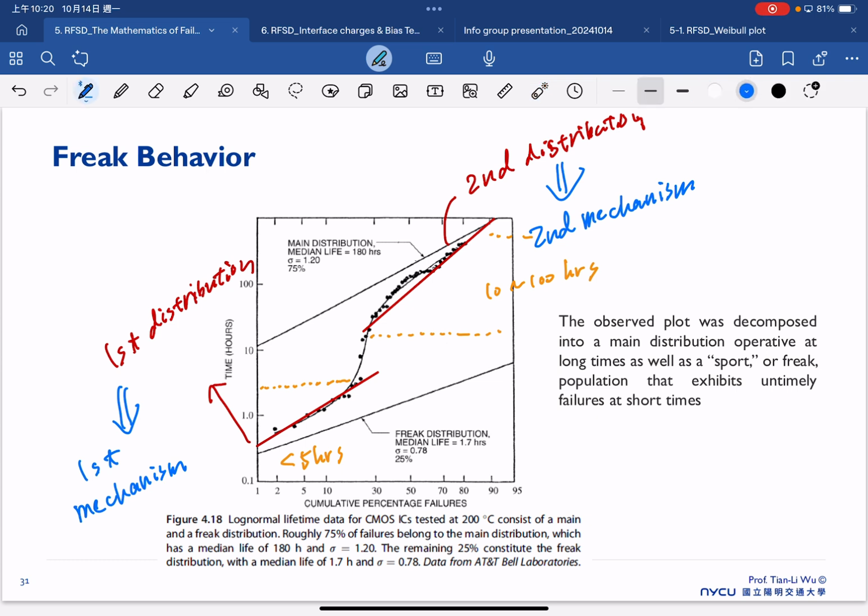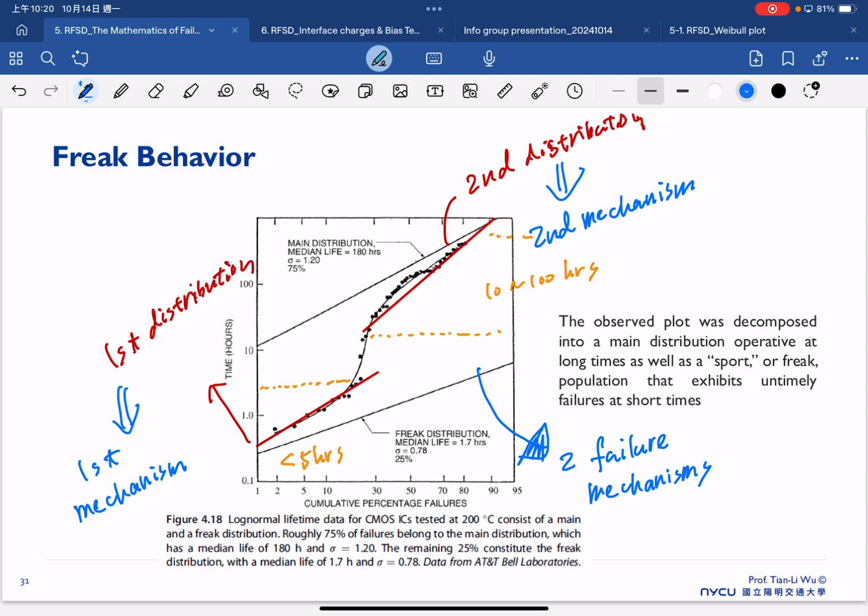So in the future, as long as you see the experimental data cannot be fitted by one single distribution, but can be fitted by 2 or 3, that means there are several possible failure mechanisms leading to the different distribution data. So in this graph, we have 2 failure mechanisms.